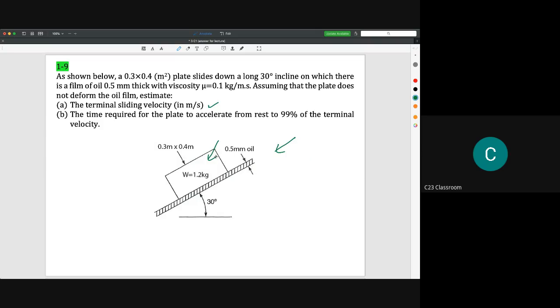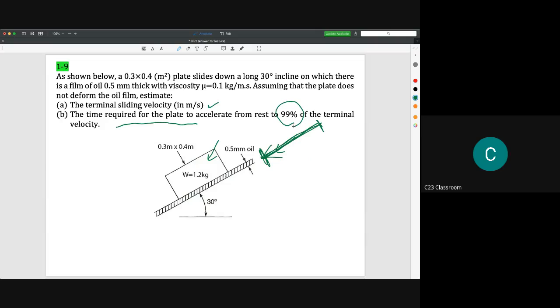The constant velocity is called the terminal sliding velocity. Normally it takes a longer plane, a longer distance, to reach the terminal velocity. And then we need to calculate the time required for the plate to accelerate from rest to 99% of the terminal velocity, meaning before it reaches the terminal velocity.